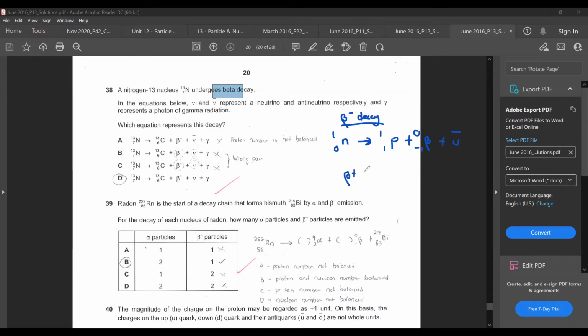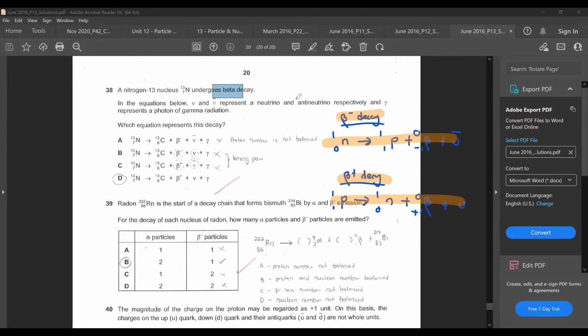So for beta plus decay, you start with proton 1, 1 going to neutron 0, 1, plus the beta plus, the positron, and a neutrino. Okay, so this is your beta minus decay, this is your beta plus decay.